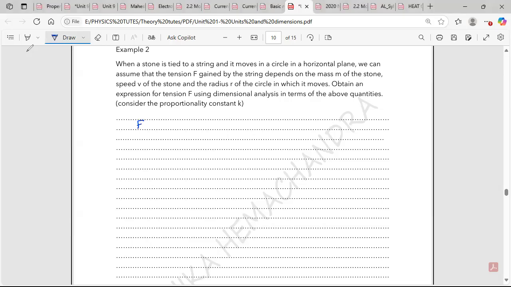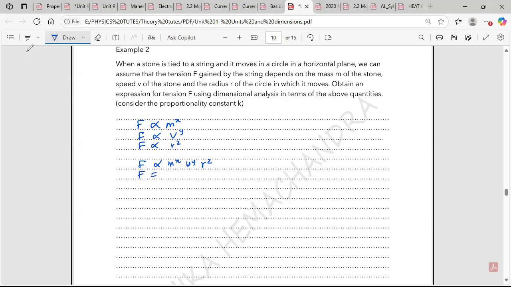So, the tension force F in the string depends on the mass of the stone, speed v to the power y, and radius r, r to the power z. You can take a, b, c as well, it doesn't need to be x, y, z. So tension force will be proportional to m to the power x, v to the power y, and r to the power z.